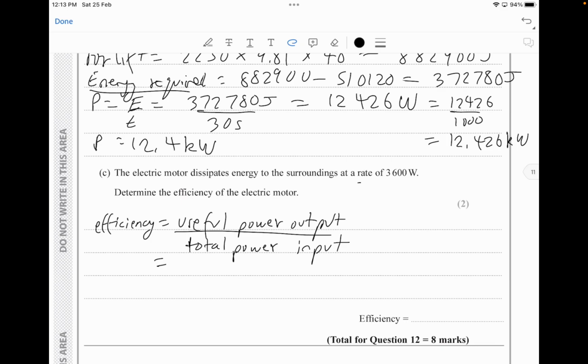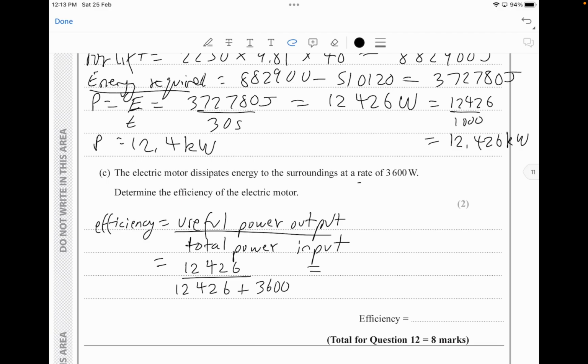The useful power output in this case is 12.4 kilowatts. We're just going to convert this all into watts, since that would be a better approach. So 12,426 watts divided by 12,426 watts plus the 3,600 watts.